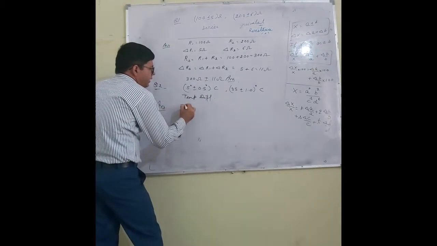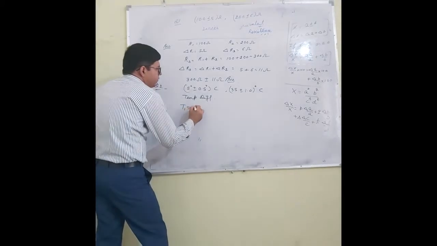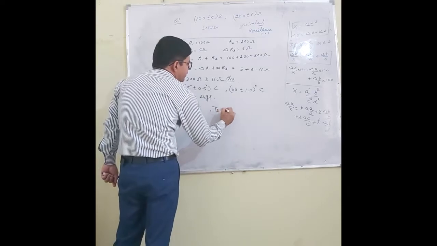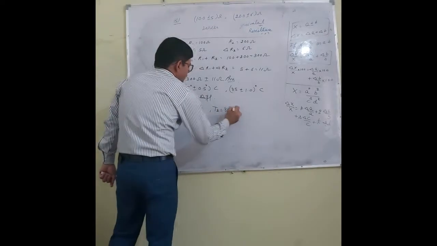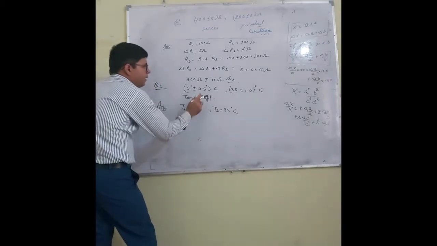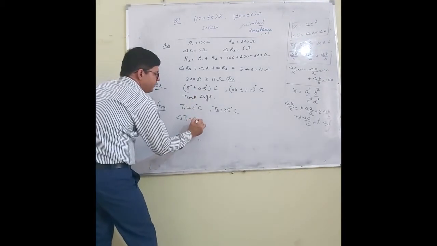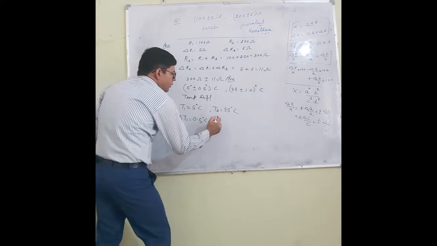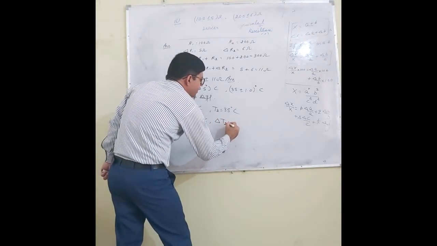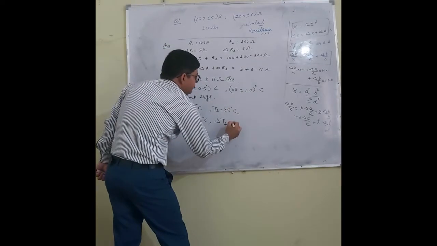So let the initial temperature be T1 equals 5 degrees Celsius, the final temperature is 35 degrees Celsius, the absolute error in initial temperature is 0.5 degrees Celsius, and the absolute error in final temperature is 1 degree Celsius.